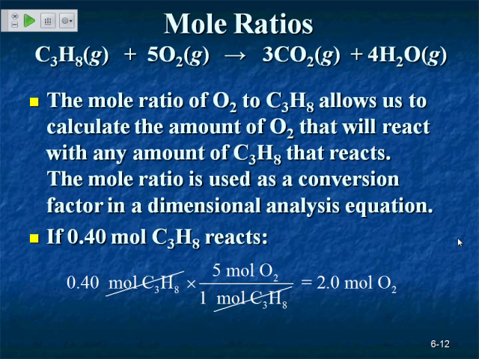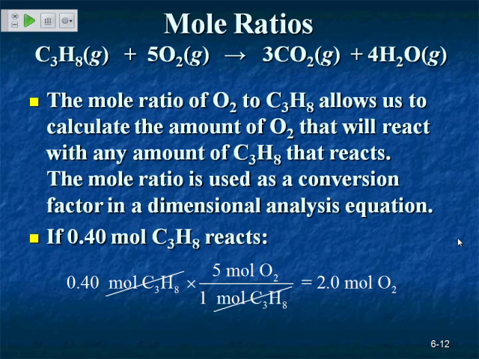And I multiply by the mole ratio, because the mole ratio is my conversion factor. What am I looking for? I am looking for moles of oxygen required. So that should go in the numerator: 5 moles of oxygen per 1 mole of propane in the denominator. Again, the units cancel perfectly, and you end up with the number of moles of oxygen required. So 0.4 multiplied by 5 divided by 1 will give you 2.